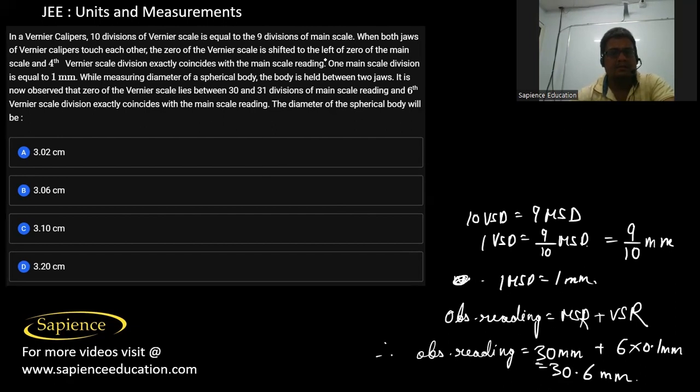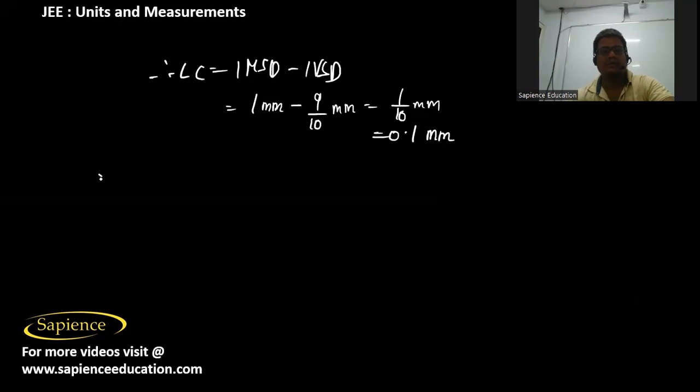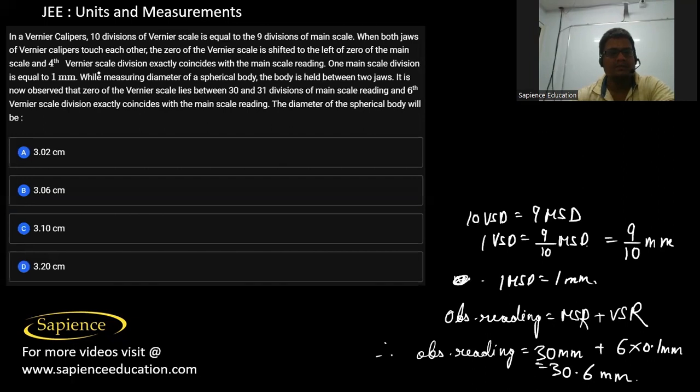And the zero error we have to find. The zero error will be equal to... here it is told the fourth vernier scale division coincides exactly with the main scale reading.